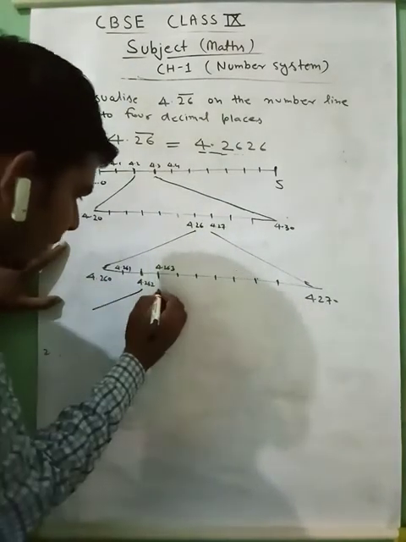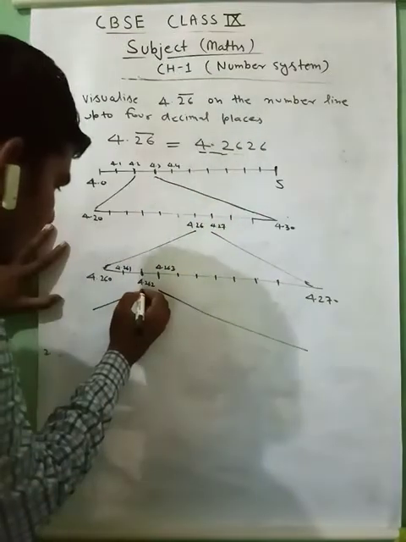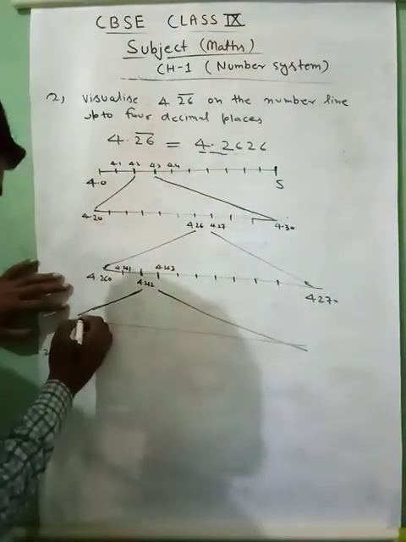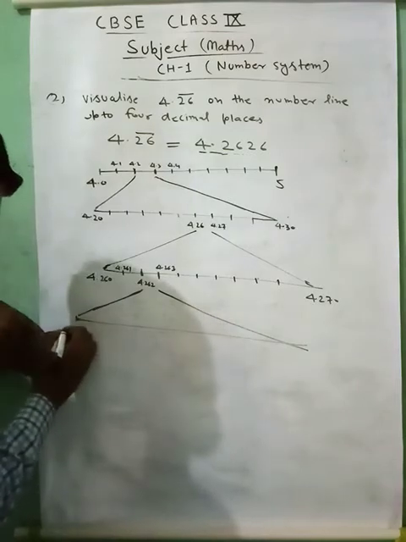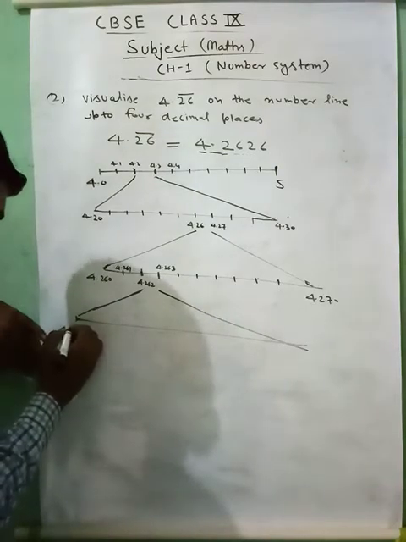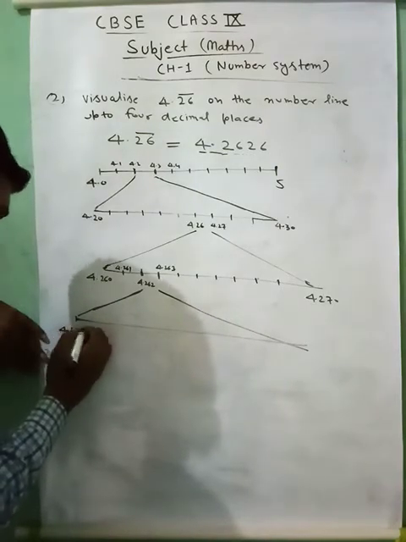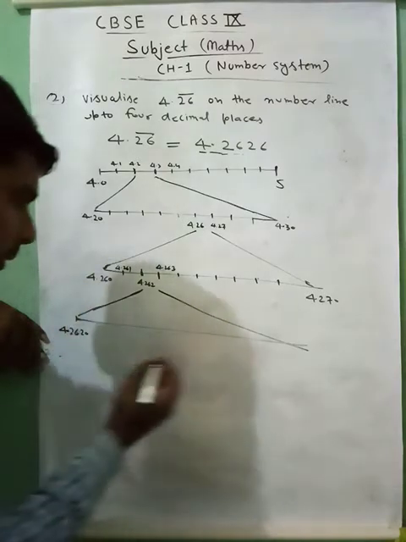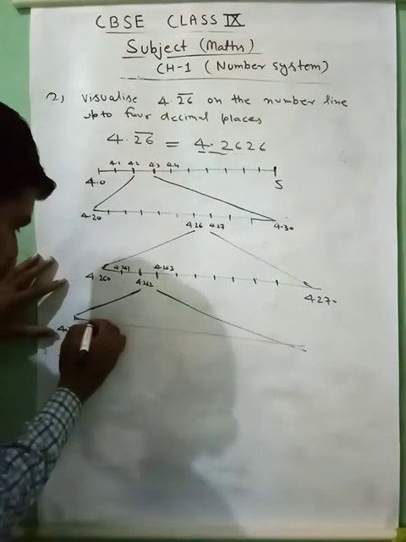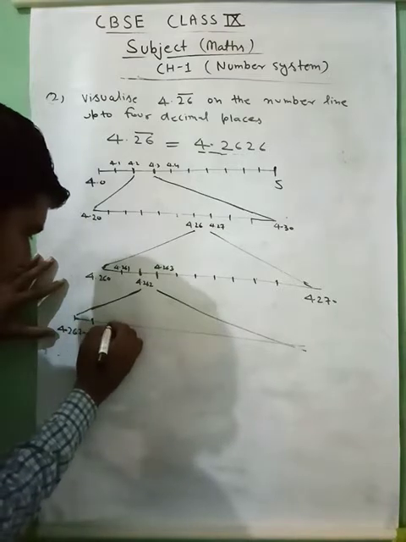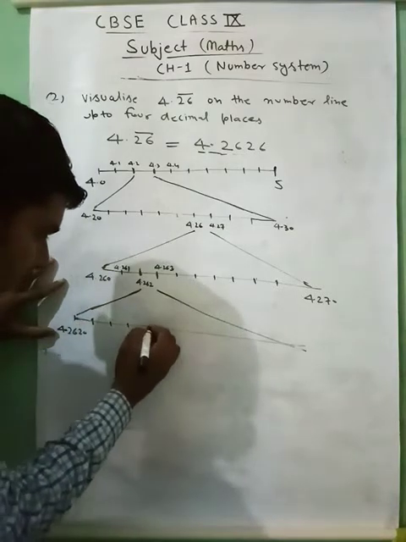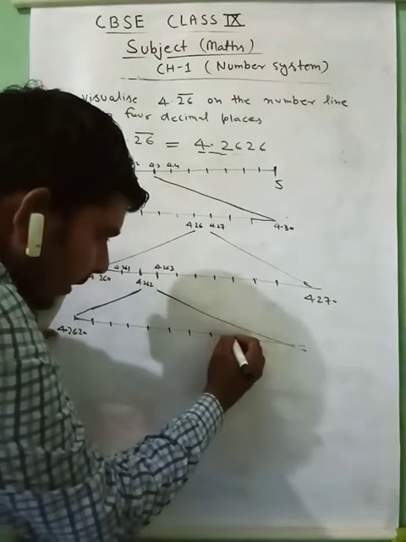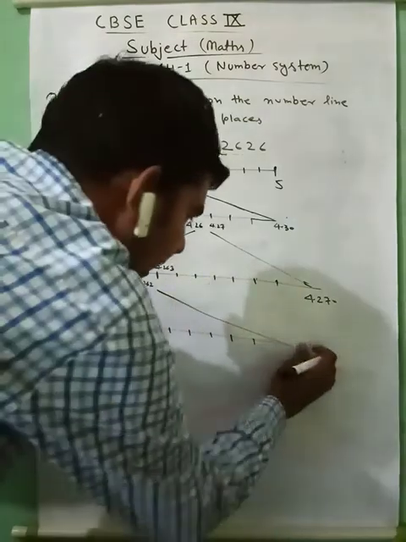It means it will be like this. It is 4.2620, and this distance will be divided into 9 equal parts. 1, 2, 3, 4, 5, 6, 7, 8 and 9.